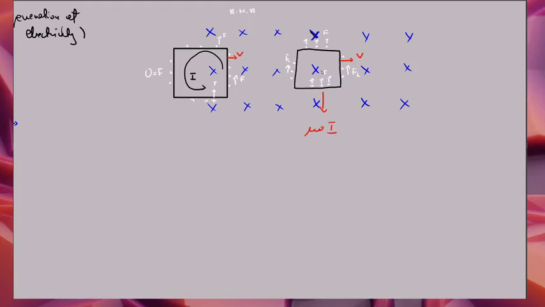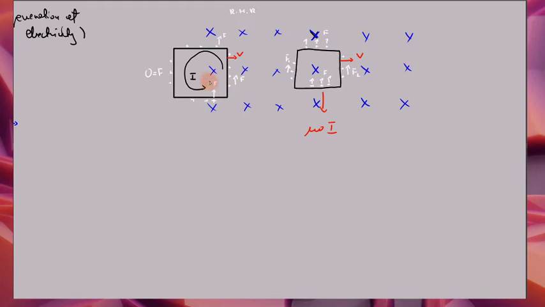So if you take this loop and drag it anywhere you want within this magnetic field, such that the magnetic flux through the loop doesn't change, there's no changing flux, and so there's going to be no flow of charges.